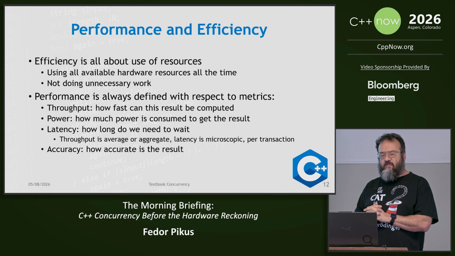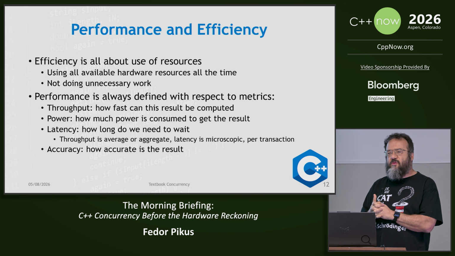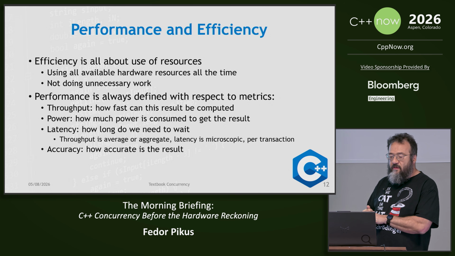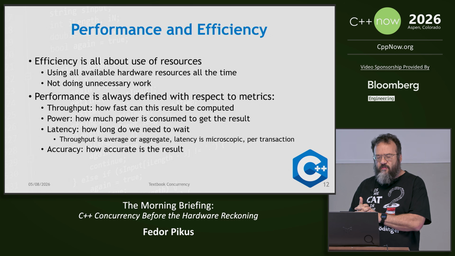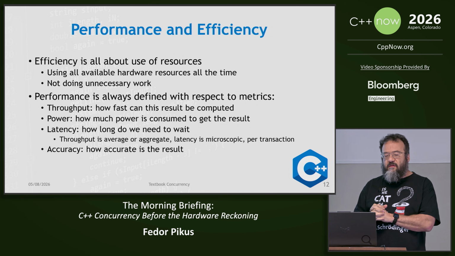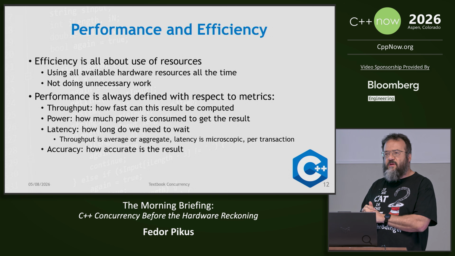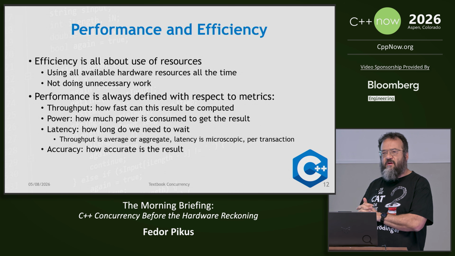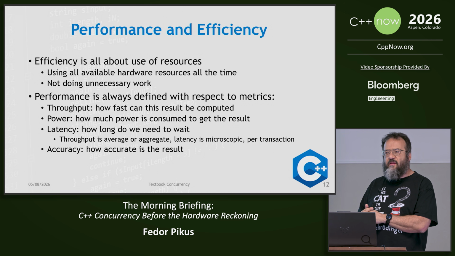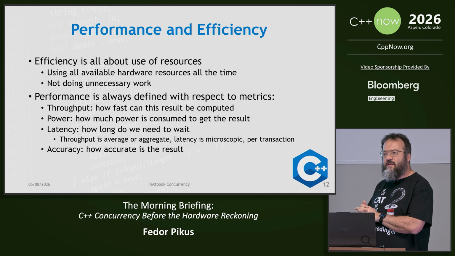Throughput is a classic performance metric in HPC. But in embedded systems, power is a more important one. That actually comes up later, it's important. Latency in many applications is the more important metric than throughput. In some applications, accuracy is a performance target, because there are situations where your calculations are approximate, and that's okay. And achieving certain accuracy is one of the performance targets.